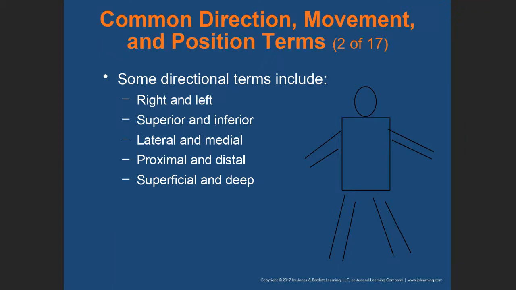Now let's draw a line straight down the center. All right, now some directional terms include right and left. When we think about right and left, it is not your right and left. It is the patient's right and left.